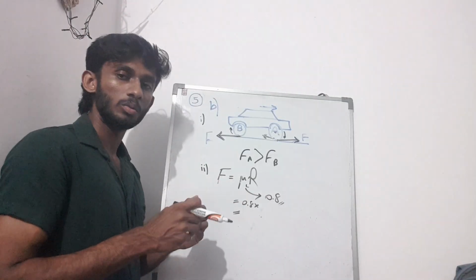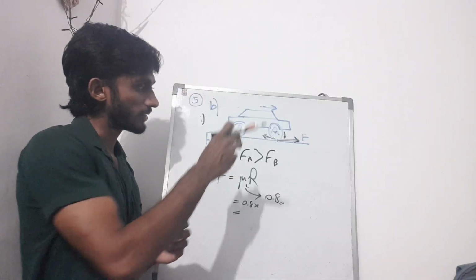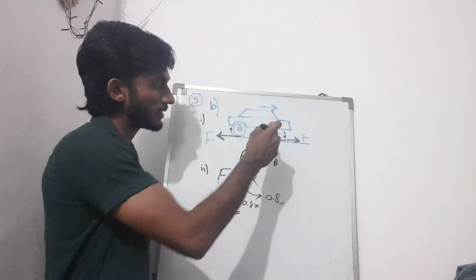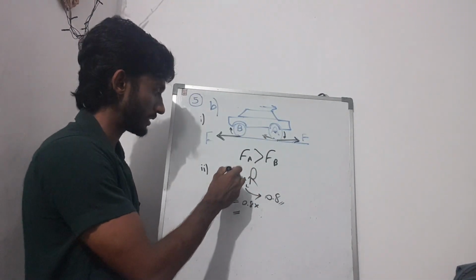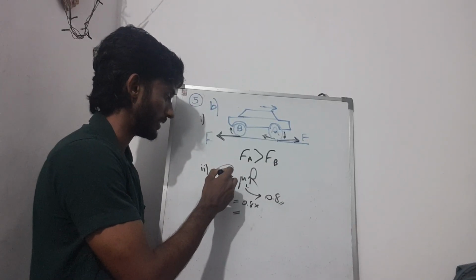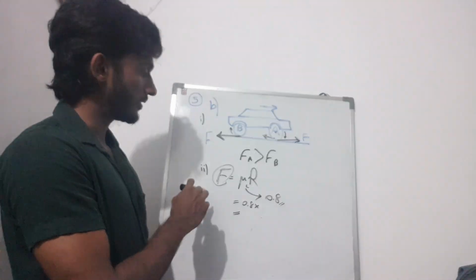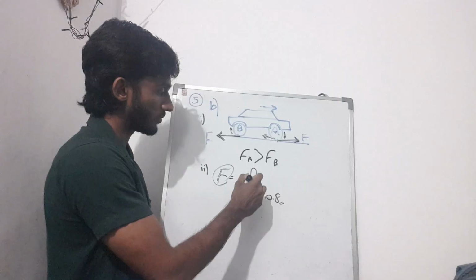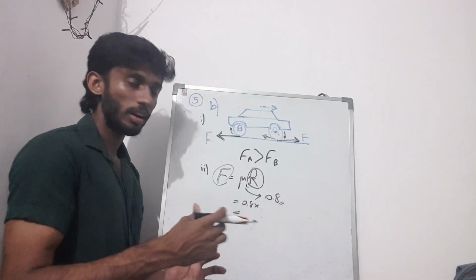Then we want to find the maximum force in the front wheels, so the maximum friction in the front wheels. For that, we have to put the R only for the front wheels.